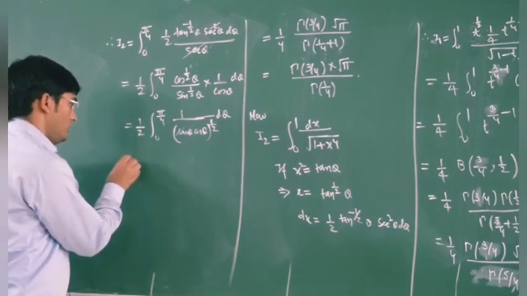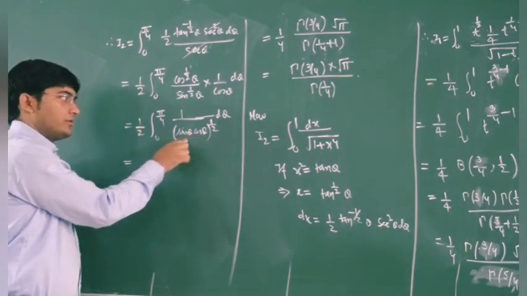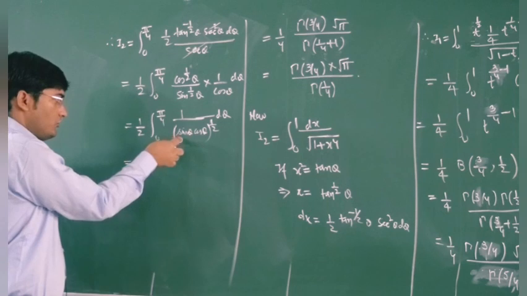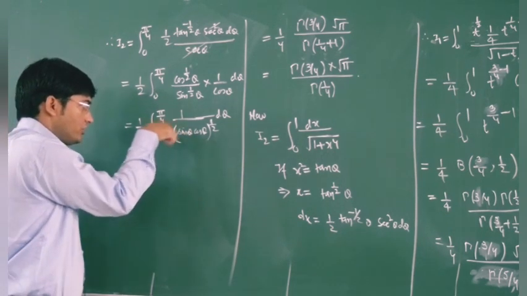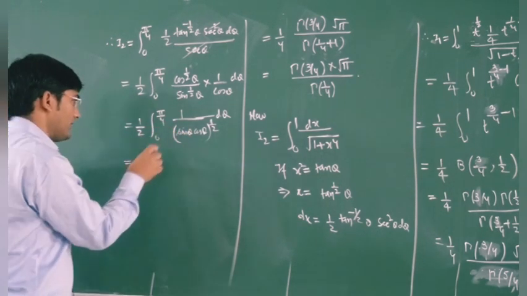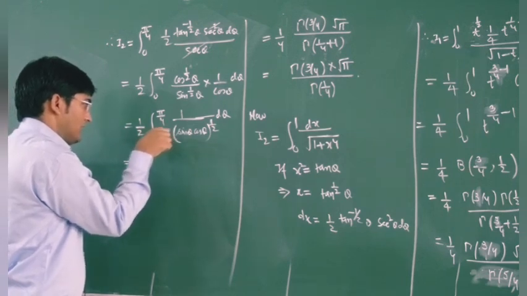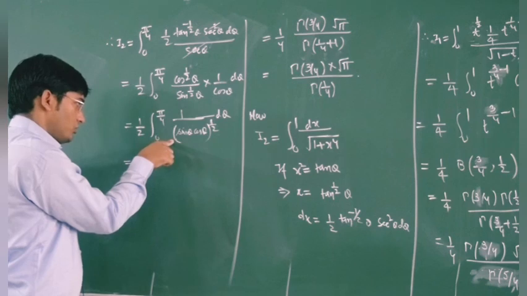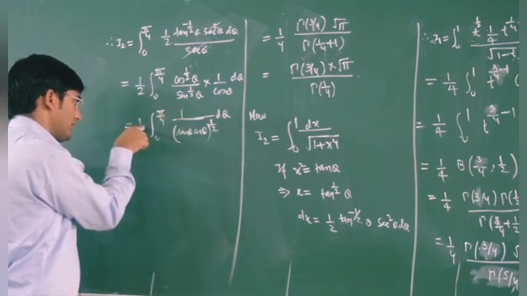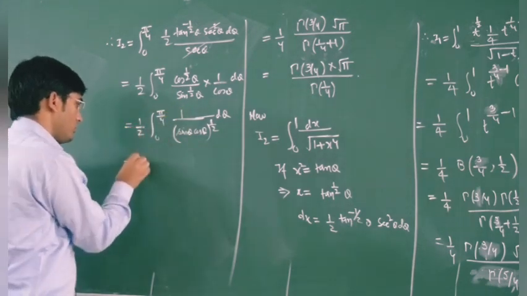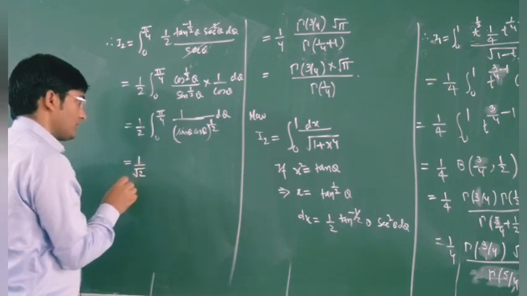Now this is your sin 2 theta. If you multiply the numerator and denominator by square root 2, multiply this term by square root of 2 and here by square root of 2, so we will get square root 2 here. So this will be 1 by root 2 basically.